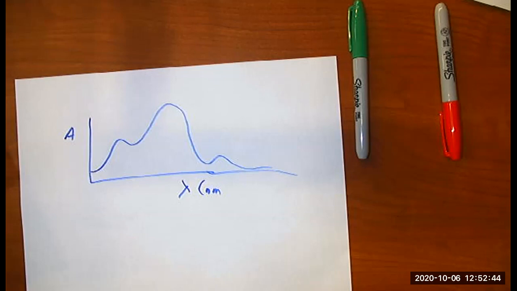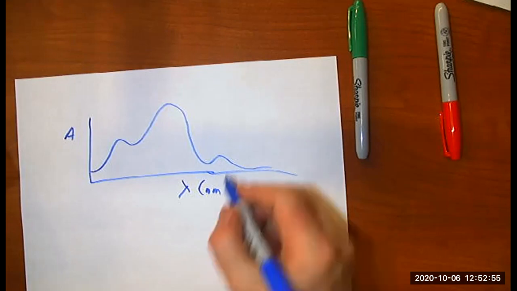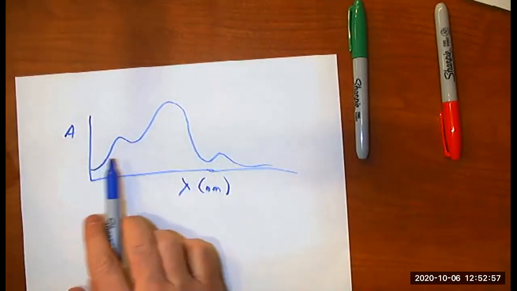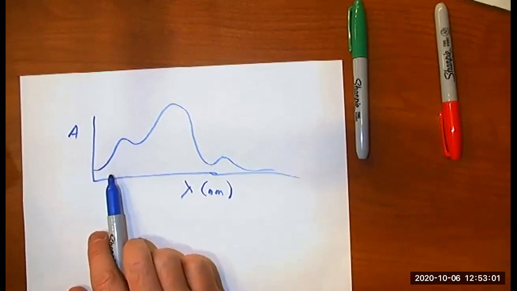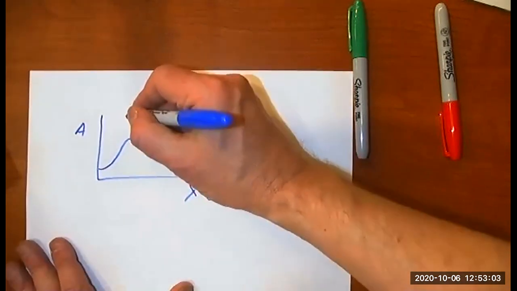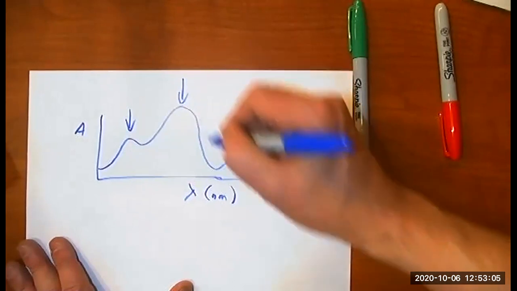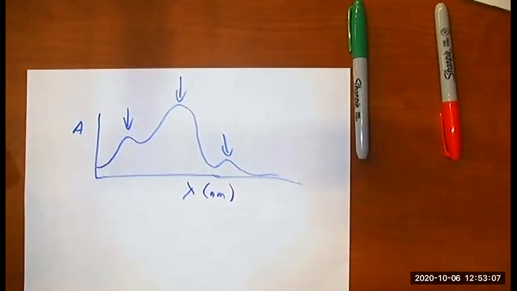Or if you're already at a high energy level, it can emit a photon of light to go from that high energy level to a low energy level. That's spectroscopy. And so what you do is you plot how much light gets absorbed by a sample as a function of wavelength. And there are going to be peaks here that correspond to a transition between different energy levels in the molecule that you're dealing with.